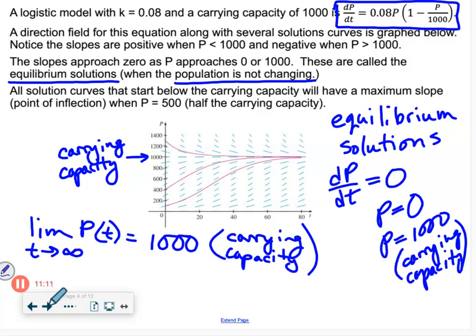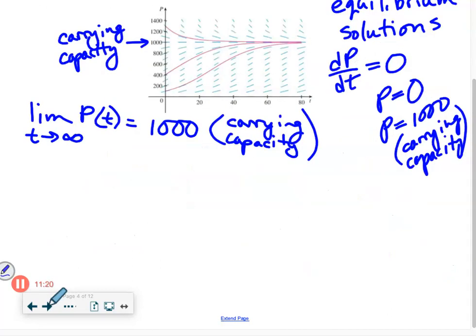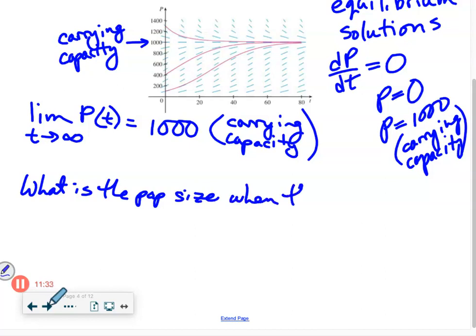The other thing they might ask you is a tiny bit harder, but once you learn it, it's really easy. They might ask: what is the population size when the population is growing the fastest?